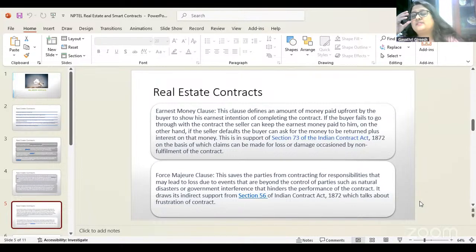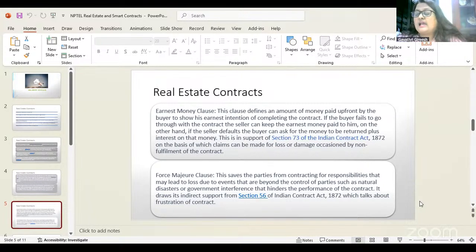Now, what happens is, when you buy a land, either for a residential purpose, or for commercial purposes, or when the land is earmarked by the government for industrial purposes, all these aspects form a basic object of the real estate contracts.